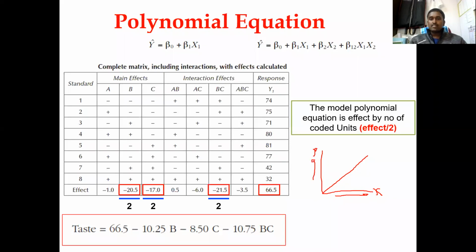So how do we express this in terms of an equation? y is equal to mx plus c. Sorry, I couldn't write properly. This is y.